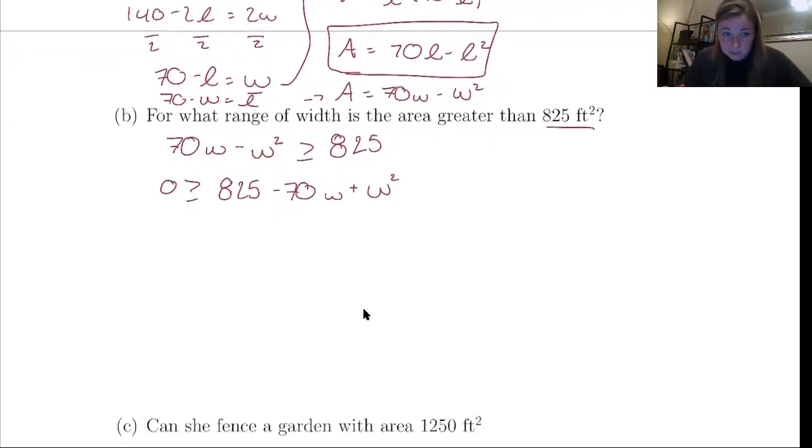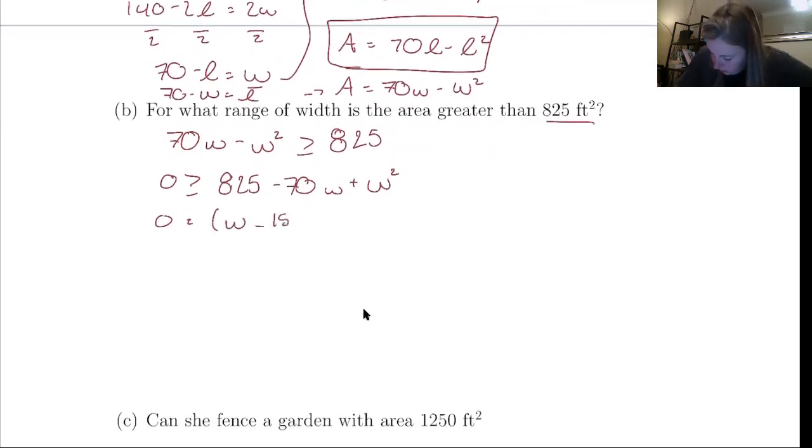So this would factor into W minus 15 and W minus 55, or you could have done the quadratic formula to solve this. So that means when W equals 15 and W equals 55, right?